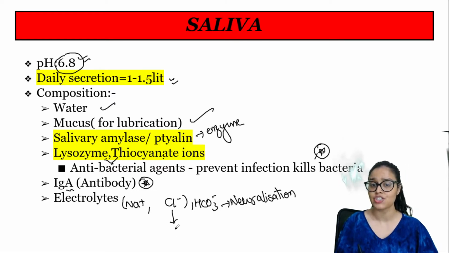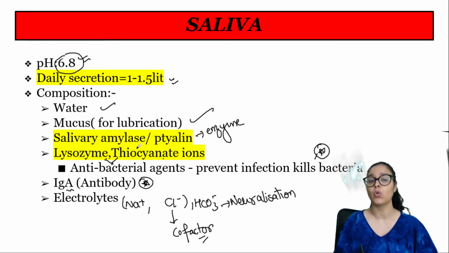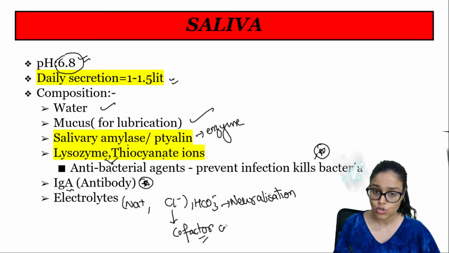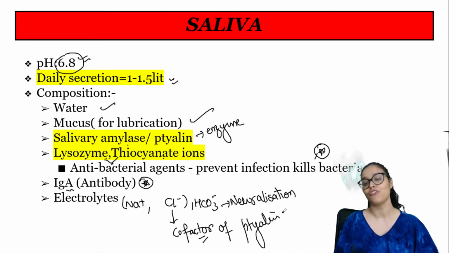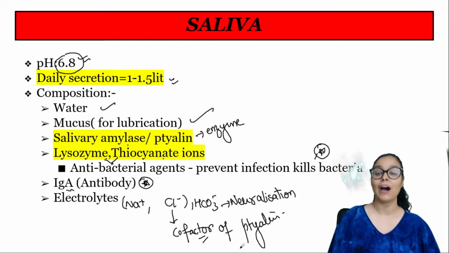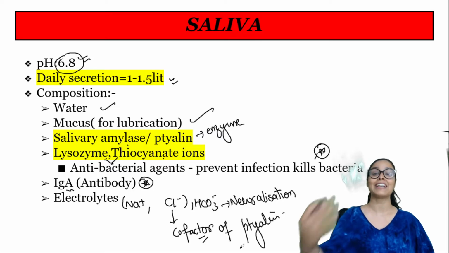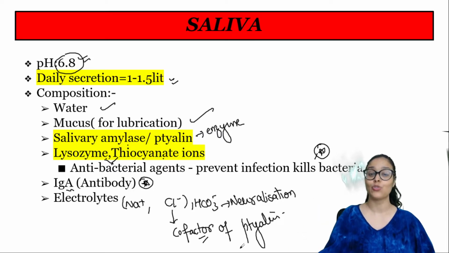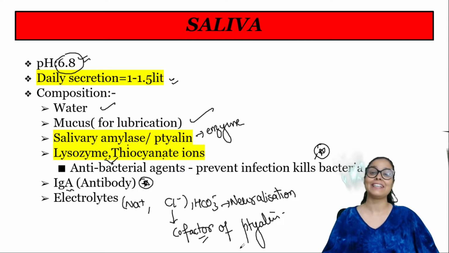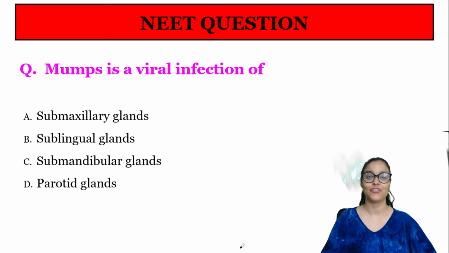Chloride ion is a cofactor of ptyalin, meaning it is required for the activity of salivary amylase. Salivary amylase requires chloride ion for activation; it makes salivary amylase functional. That is its function, right?